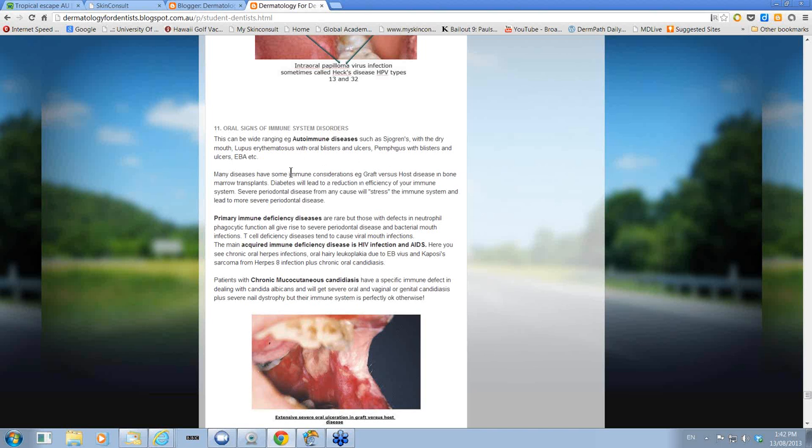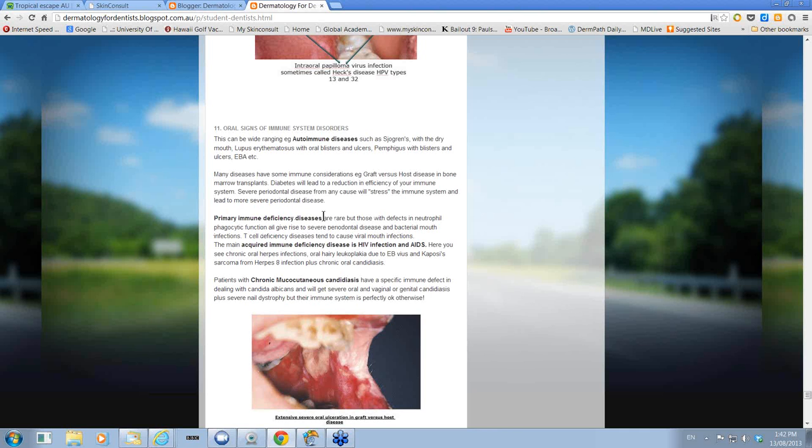Pemphigus certainly can present with blisters and erosions in the mouth, and epidermolysis bullosa acquisita, a rare autoimmune disease. Graft versus host disease in bone marrow transplants, diabetes, and then any cause of severe periodontal disease having an indirect effect on the efficiency of the immune system.